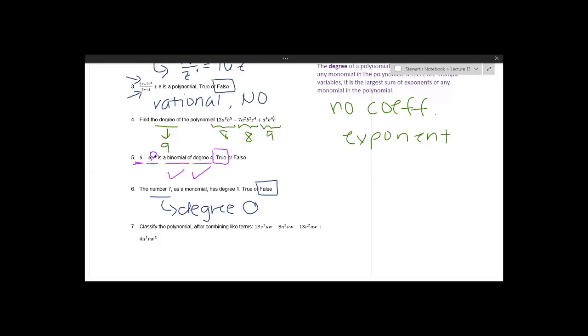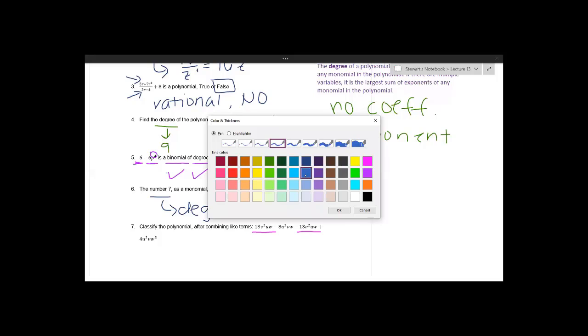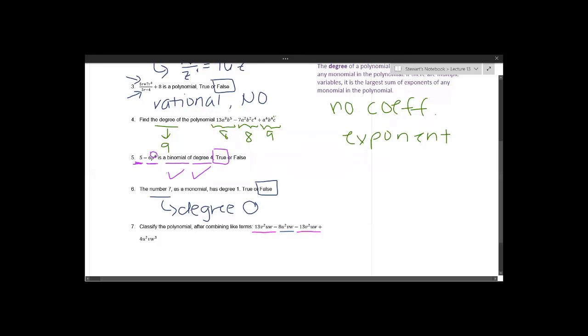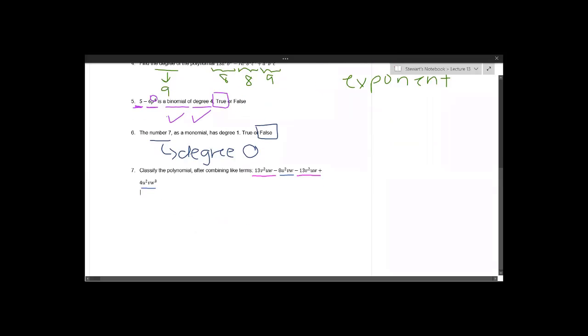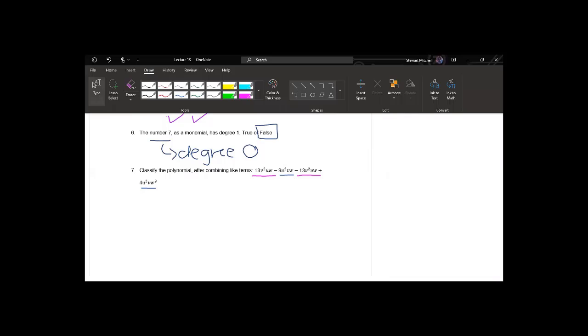It appears there's only one pair like that, because this one has v squared uw, this one also has v squared uw, whereas the other two, this has u squared vw, this has u squared vw cubed. Those are not the same. The w's have different exponents, so you can't combine them, but we can combine the ones that are underlined in pink.